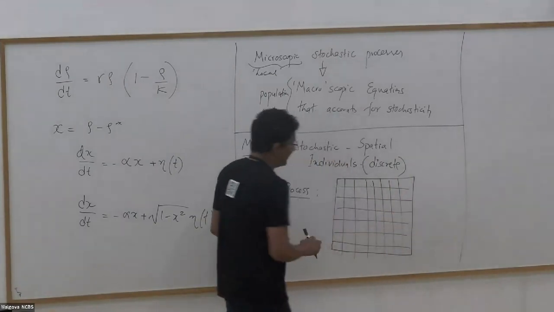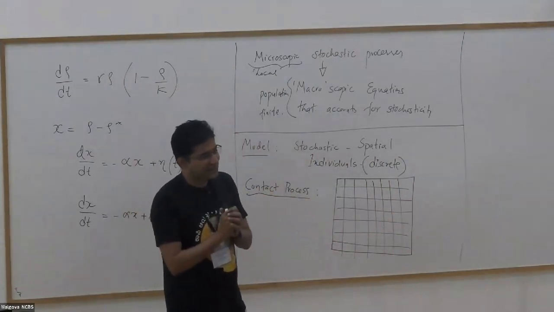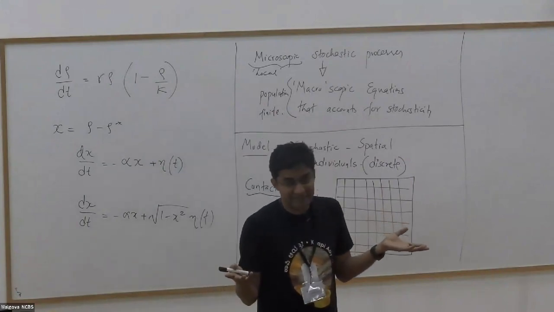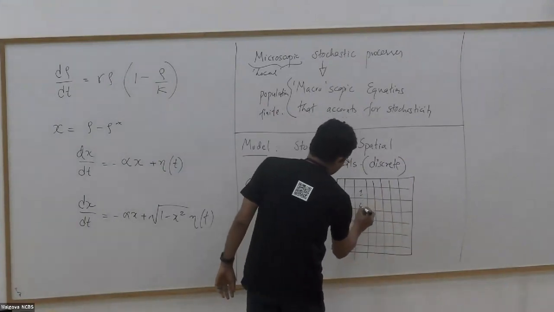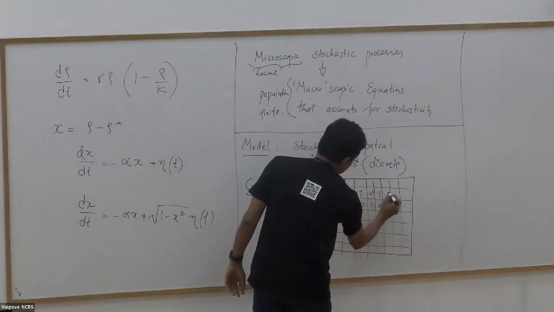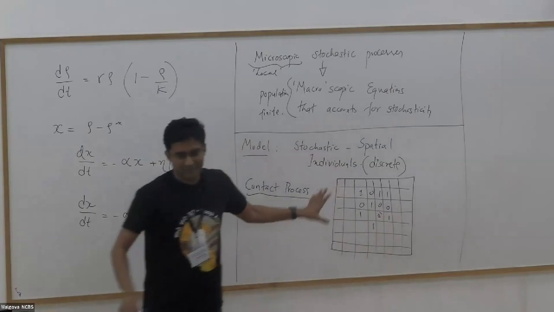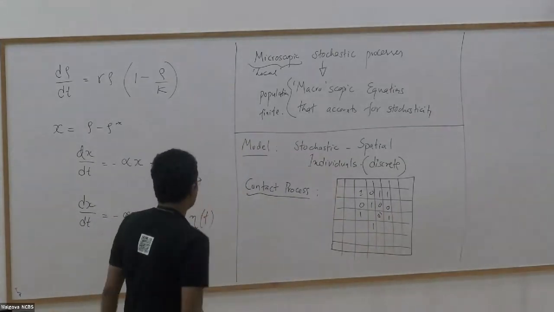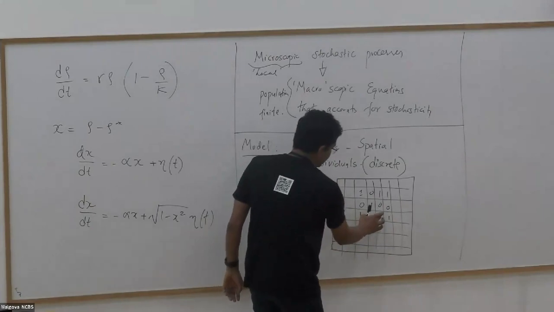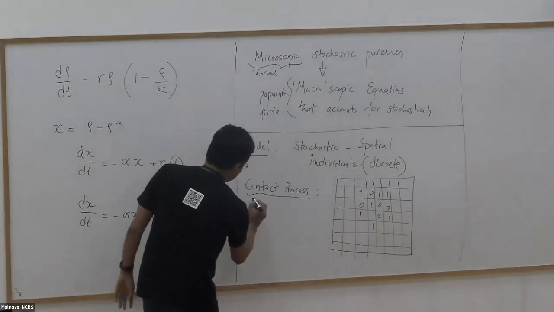So think of this, and let's say you randomly fill this with zeros and ones. Zeros indicate that there is nobody on this cell, one indicates that there is one individual. So you start with some configuration. Now, from this configuration, we define a birth and death process.